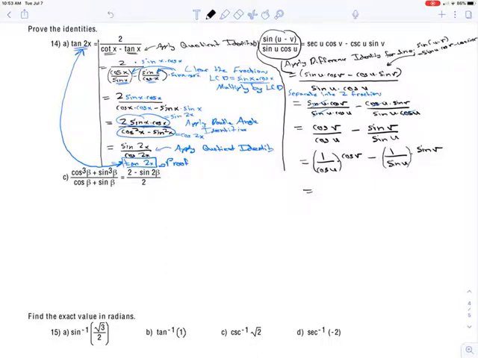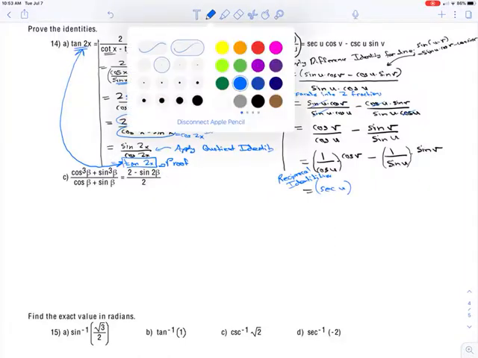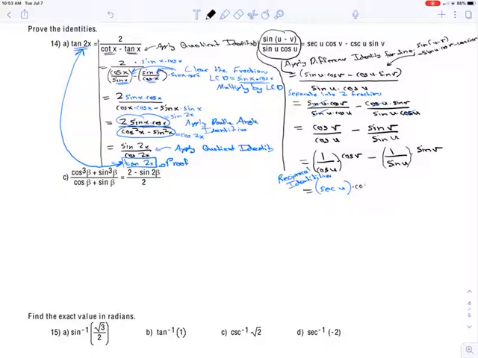And here are my reciprocal identities. So let's apply the reciprocal identities. Let's write that note here. So that equals what? Secant of u, right? Secant is 1 over cosine, times cosine v, minus 1 over sine, which is the definition for cosecant of u, times sine v.